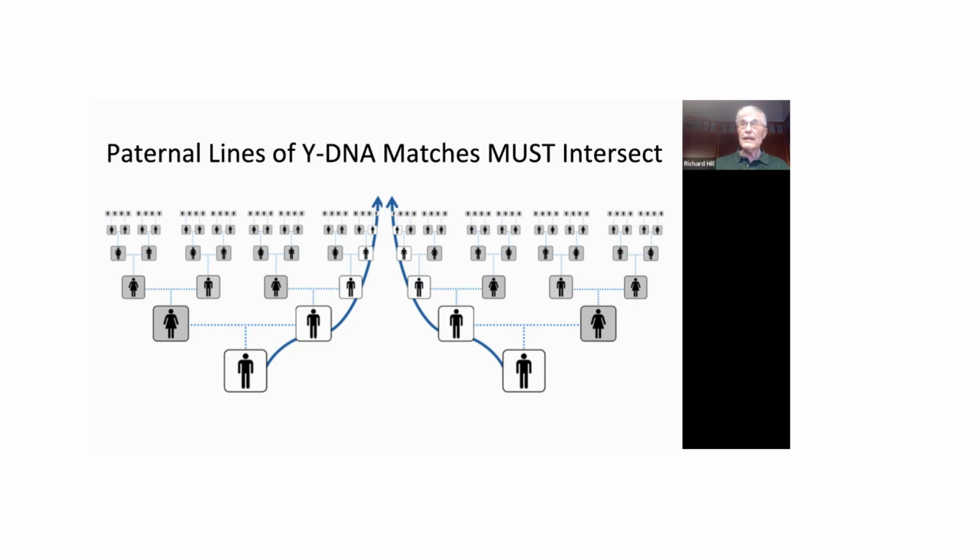Now, the main limitation of Y-DNA testing is that it can't tell us with any certainty how far back that common ancestor lived. He could be just a few generations back, or he could have lived hundreds of years ago.